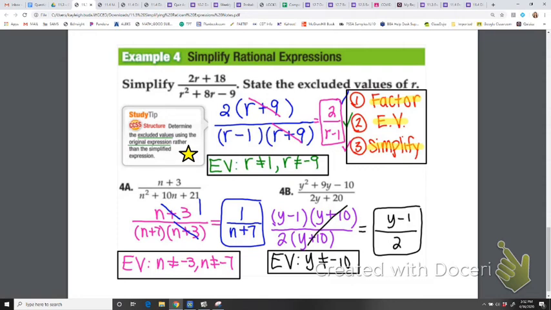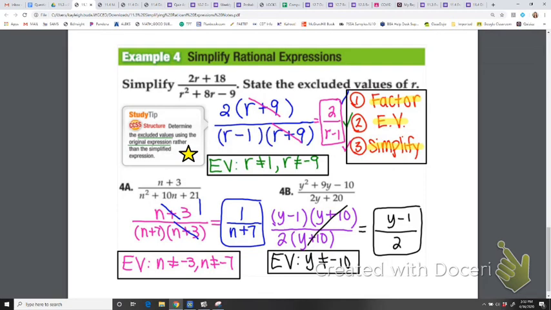Hiya, hiya. The study tip off to the left says that the excluded values are from the original rather than the simplified expression, which means my final simplified answer to this is 2 over r minus 1 there in the pink box. But before I crossed off the r plus 9s, I had to list my excluded values from that blue answer. So it was 1 and negative 9.